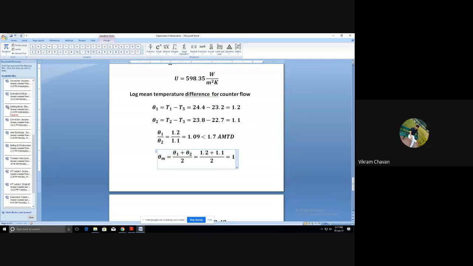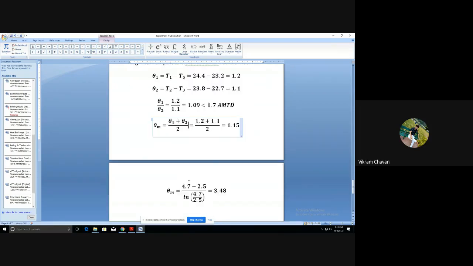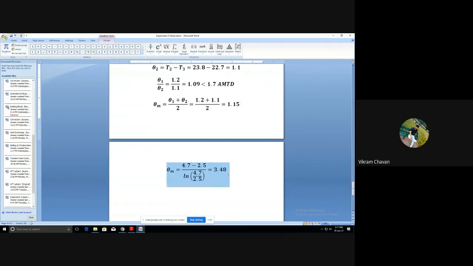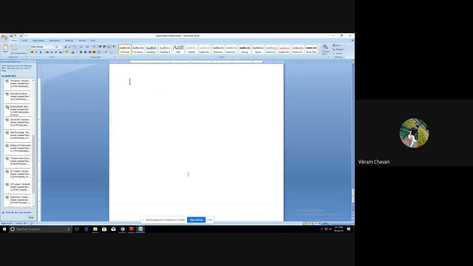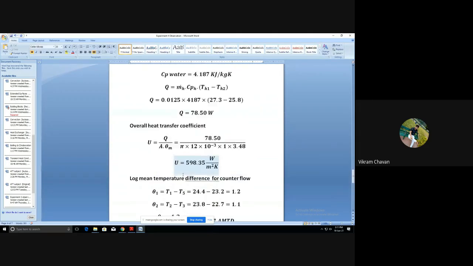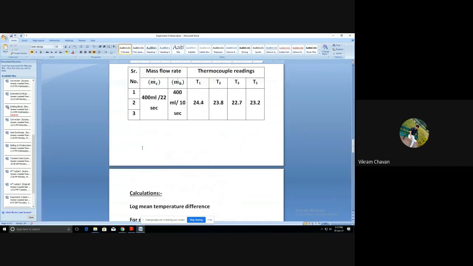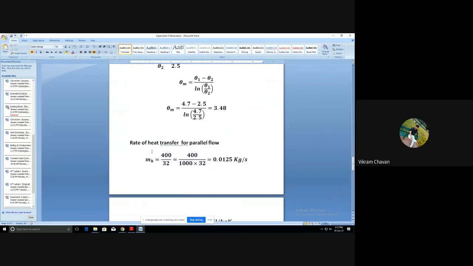It is equal to 1.15. Theta m is equal to 1.15. So this will be deleted. Then the logarithmic mean temperature we have calculated. Then next, rate of heat transfer.